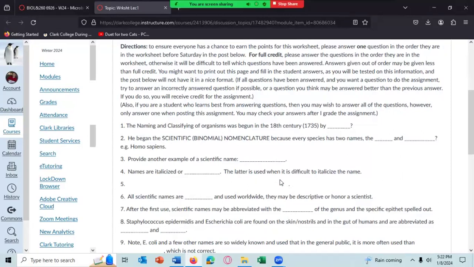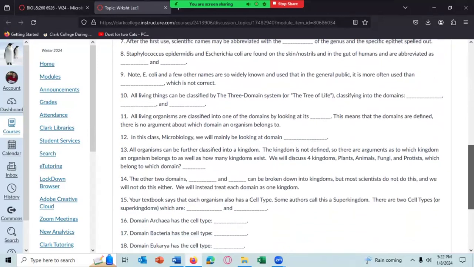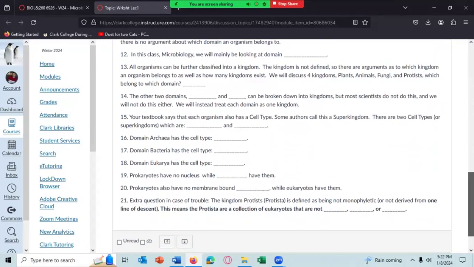All right. So answer the questions in the order they are in the worksheet, as well as provide the question and the answer. And then if your answer is correct, you'll get full credit. And the idea is that you only need to answer one question.